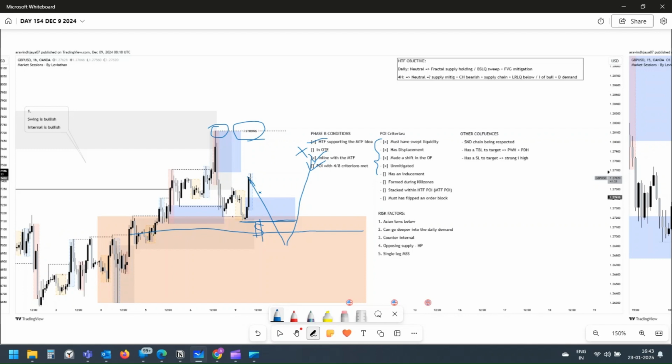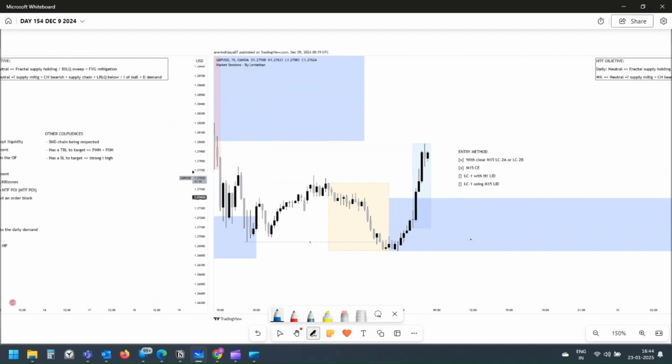I'm trying to play longs, and the internal structure is still bearish, which means it is counter internal, and partially the high time frame is bearish, which means I'm partially playing opposite to the high time frame bias. And one more thing is that there is an opposing supply. So if the price reaches this supply and if it shows bearish, it can just continue to push down to take out the weak internal low. So these are the risk factors which I considered while placing the trade.